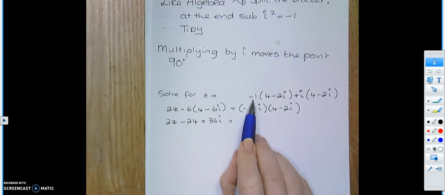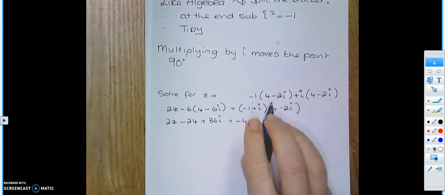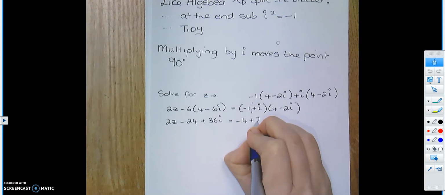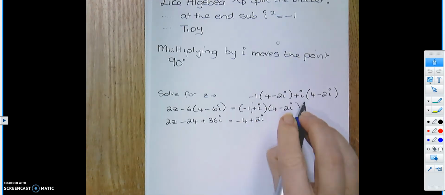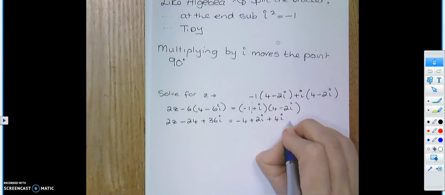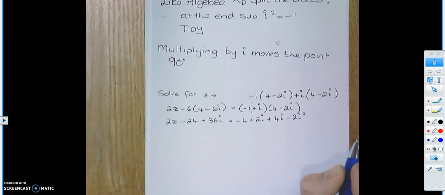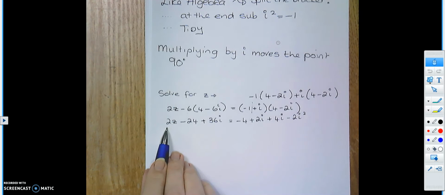All right, so when you're multiplying out, you're going -1 by 4 will give you -4. -1 by -2 gives you plus 2i. Then we'd have a plus 4i and a minus 2i squared. Okay, so when all that's done, we tidy up a bit.